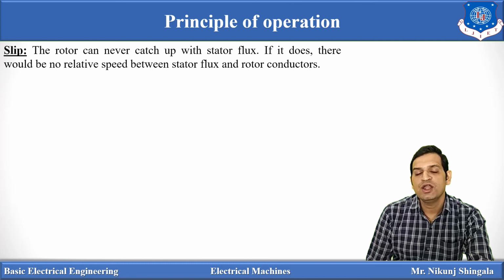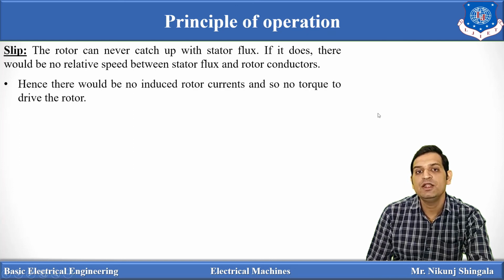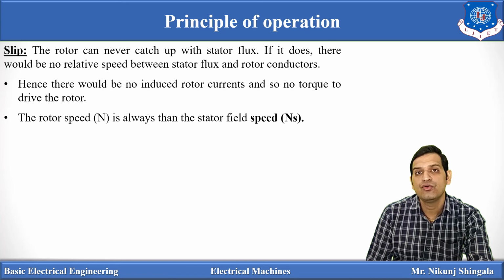If both the rotating magnetic field and the rotor have the same speed, there is no relative speed between them. No rotor conductor will be cut, so no EMF will be induced, no current will be induced, and no torque will be produced in the rotor. So the rotor will not start to rotate, and that's why the rotor will never reach the speed of the rotating magnetic field, that is the synchronous speed, denoted by Ns.